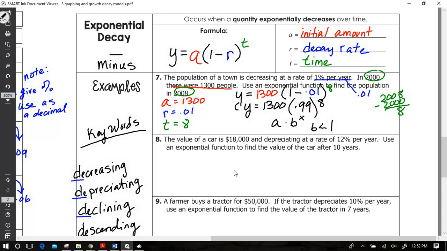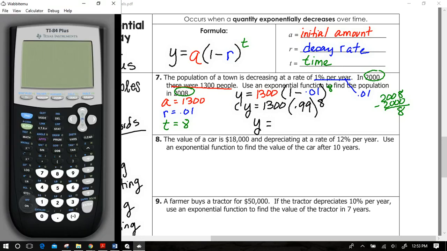All right, so I'm going to just erase this little note here, and then we're ready to go to our calculator and then type this in. So let's turn it on, clear that, and I'm going to type 1300 parenthesis 0.99, close parenthesis, caret to the 8th power, and hit enter.